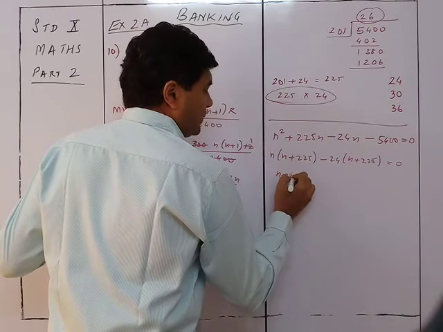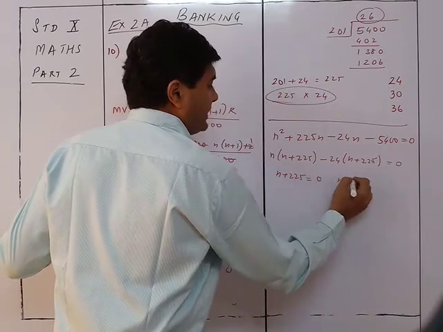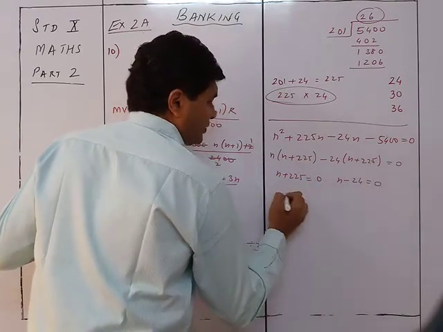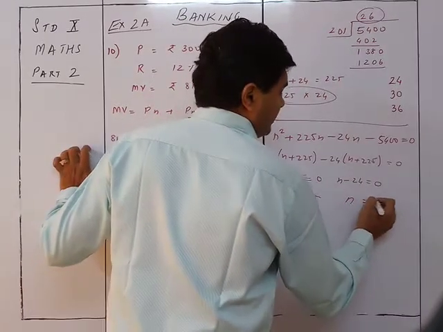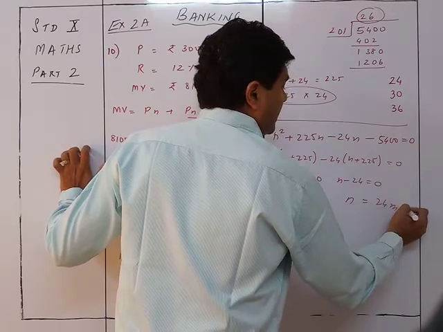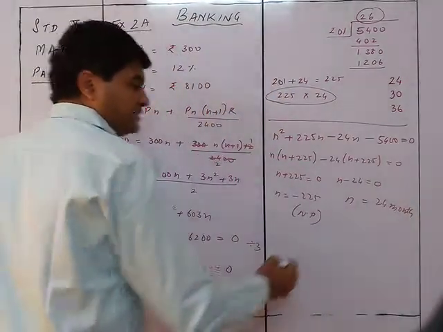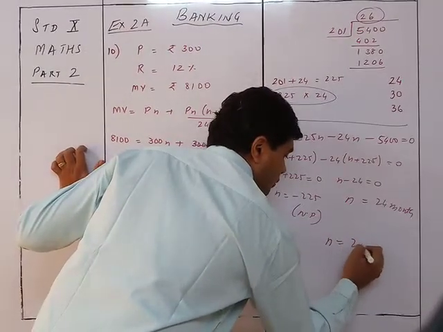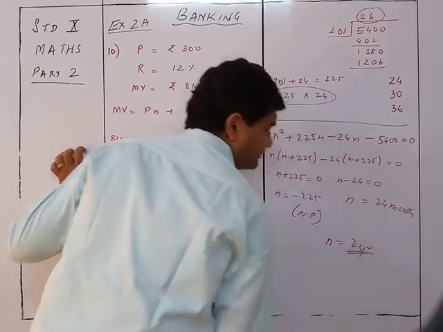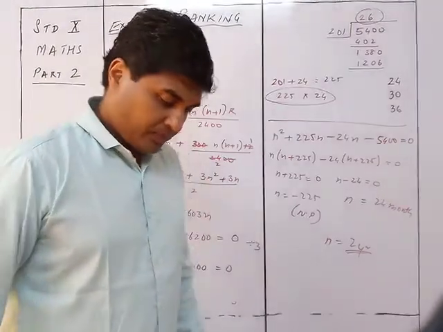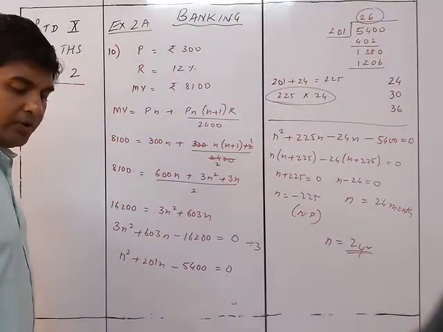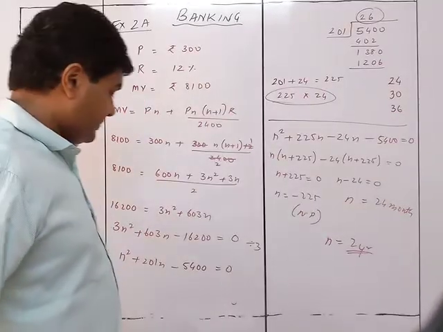So n plus 225 is equals to 0, n minus 24 is equals to 0. n is equals to minus 225, not possible. Accordingly n is equals to 24 months. Now they had said to write it in years, therefore the answer n is equals to 2 years. Clear? That was sum number 10 for you. We move on to the last sum, that is sum number 11.